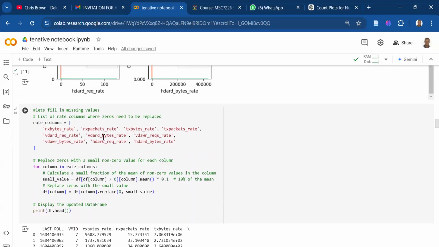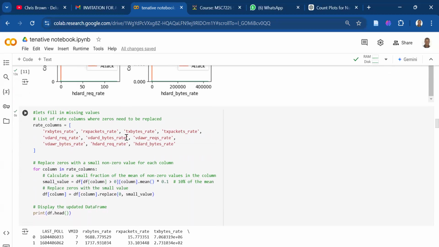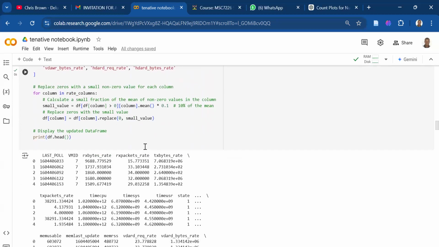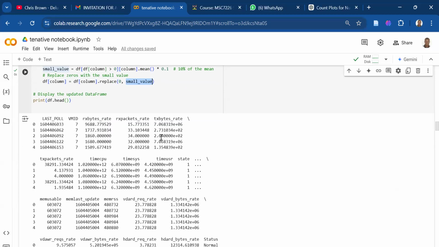So here is filling in missing values. I realized that this data set had some zeros. I had to replace those columns' zeros with a very small, negligible value, because once we have those zeros, the model will not learn well, especially in those columns.